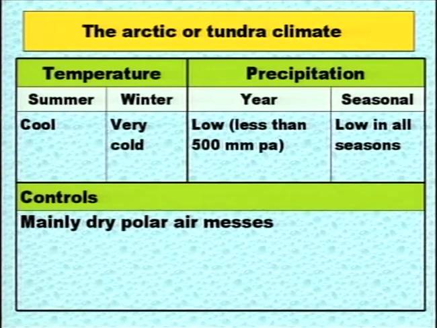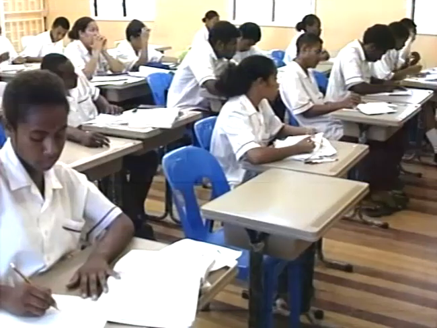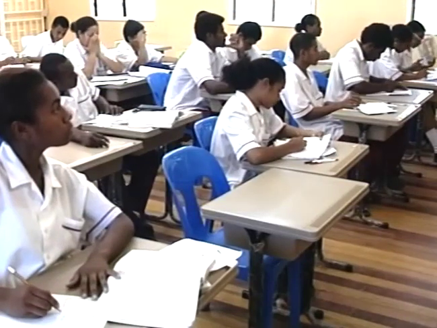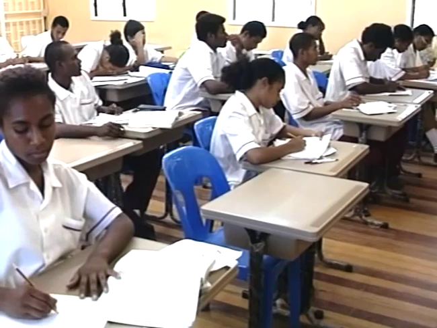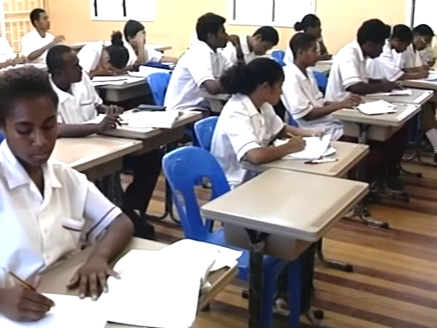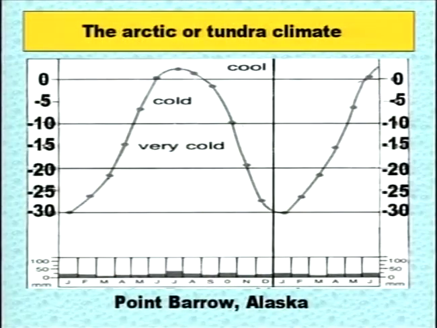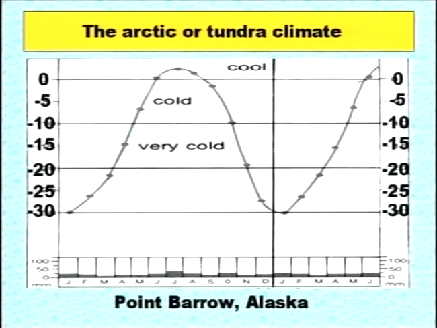Okay, all made note of that information. Now let's look at a sample of a climograph for this particular region. You can see there that the climograph is very similar to that of the subarctic climograph. Again, few months of the year where temperatures are above 0 degrees. The rest of the year temperatures are below freezing.